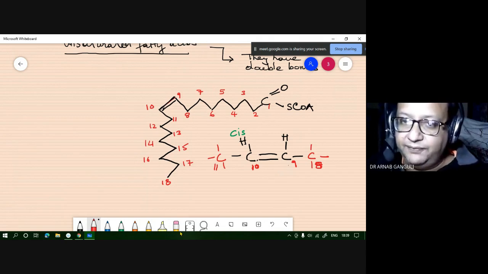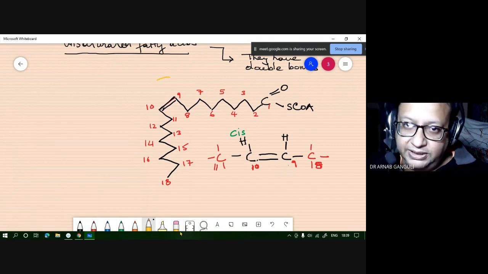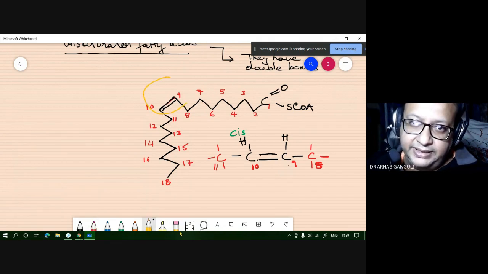If the hydrogen is like this and the double bond is like this, because of that steric conformation, the structure of this region becomes like this.